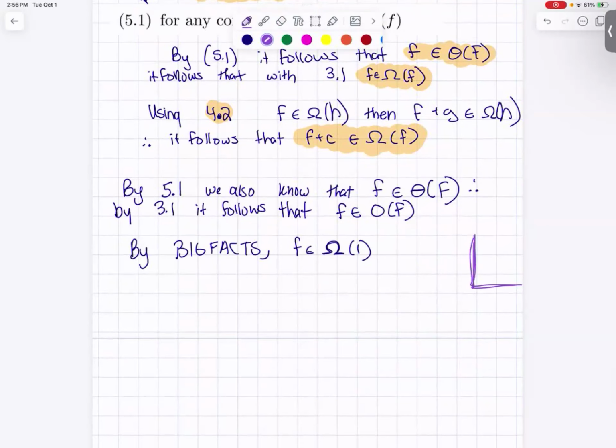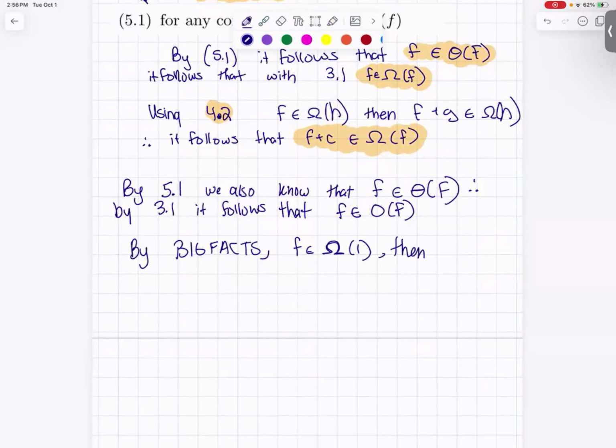Here's our graph, big omega of 1, that's right here. So we're saying constant time. We're saying that technically the best we could possibly do for f would be constant time, which is true. You can't get better than constant time. Absolutely everything in our graph is going to be above big omega of 1. So we're just saying that that's a true statement. It's just a big fact that we know that that's true. So then, oops, I'm in the wrong color.